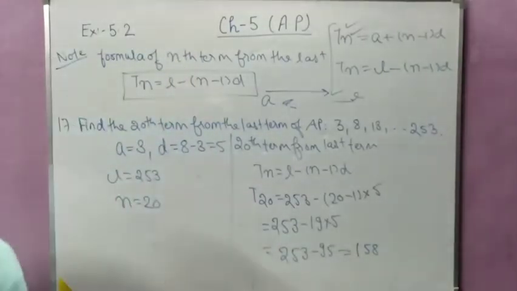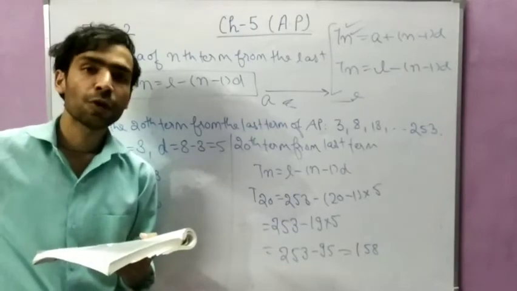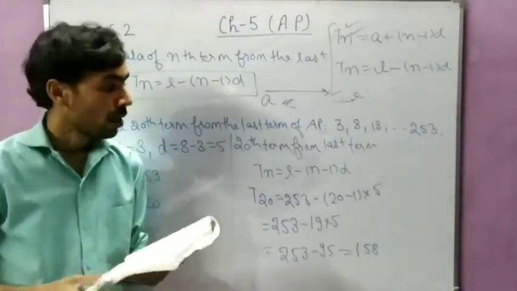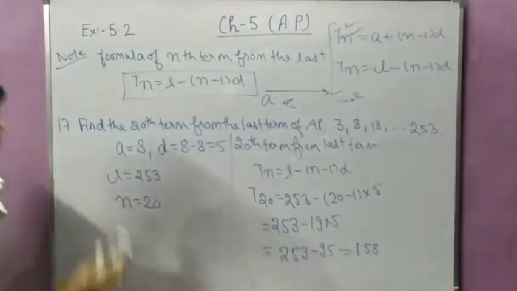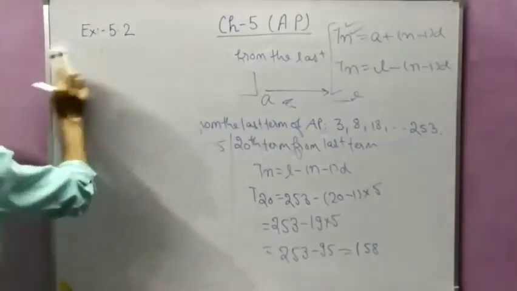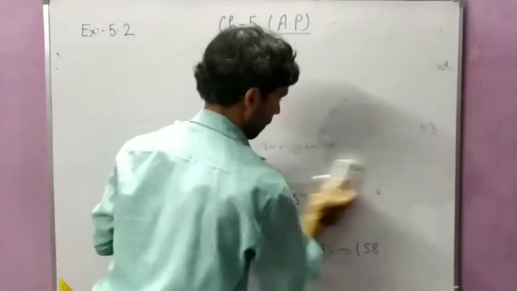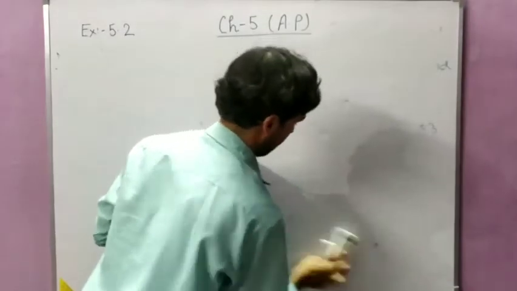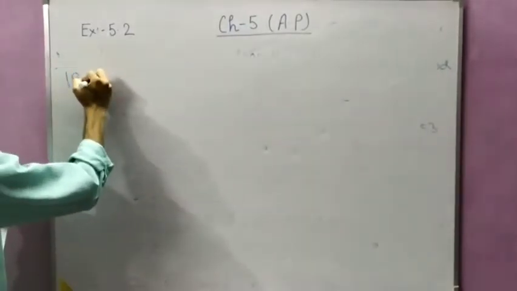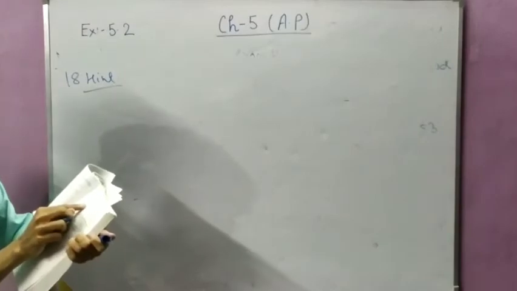So question number 18, 19, 20. They are also very simple, and you can do them by yourself. I can hint you so that you can solve. See, the hint for question number 18: sum of fourth and eighth term of an AP is 24.